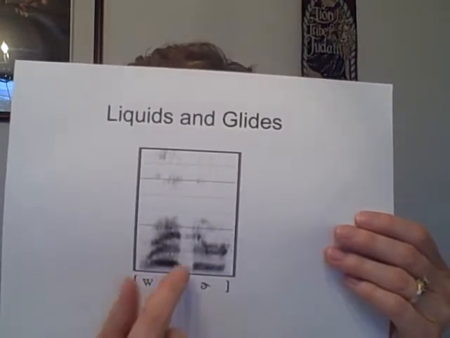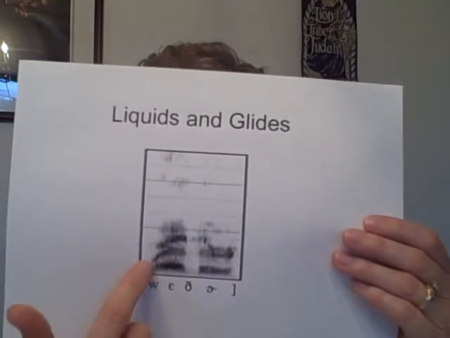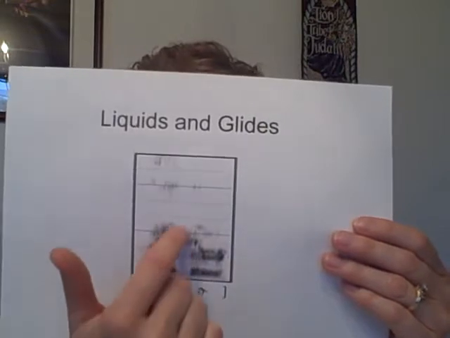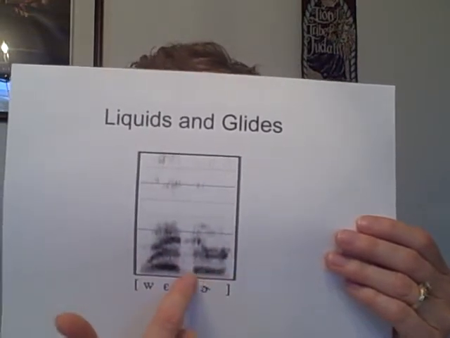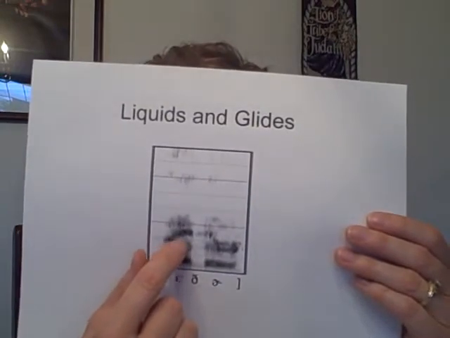Now, this is voiced, so I'm surprised there's not more sound right here, but you can definitely see where the w happens, the th, and you can see the different formants as it goes up. That second formant goes up as it goes along to the r.